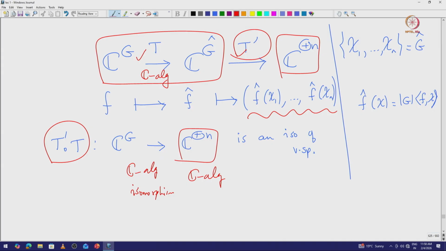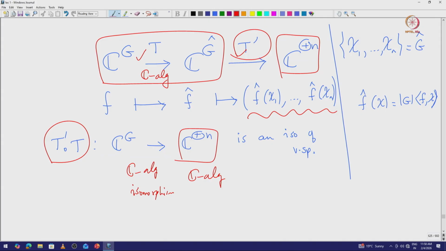So, instead of looking at this inner product f and chi, if you want to keep track of the function f, one can see how that function takes values along this irreducible character.